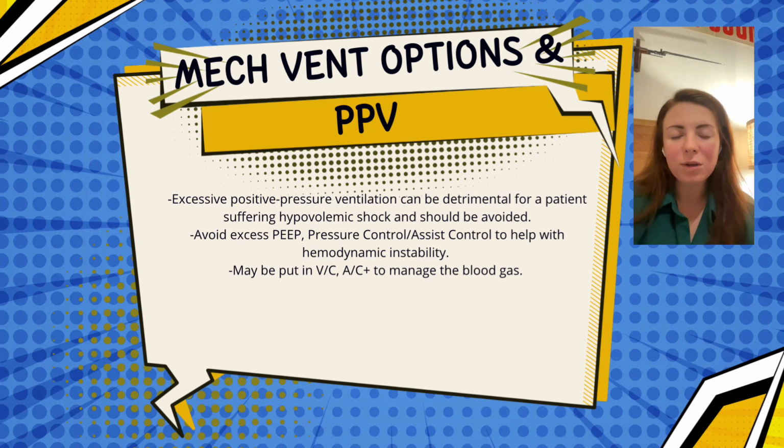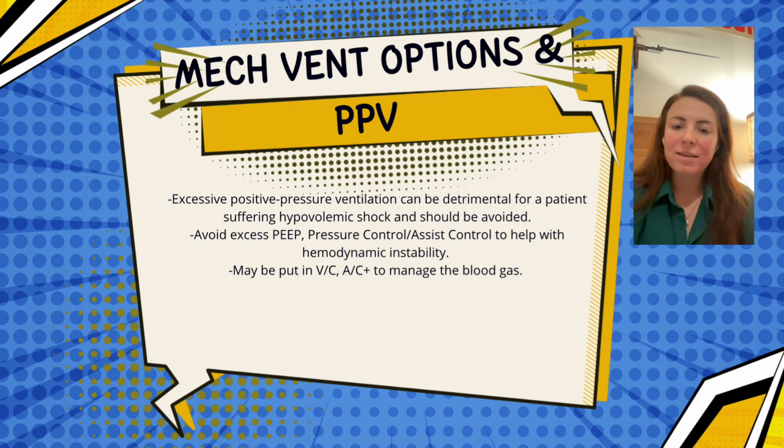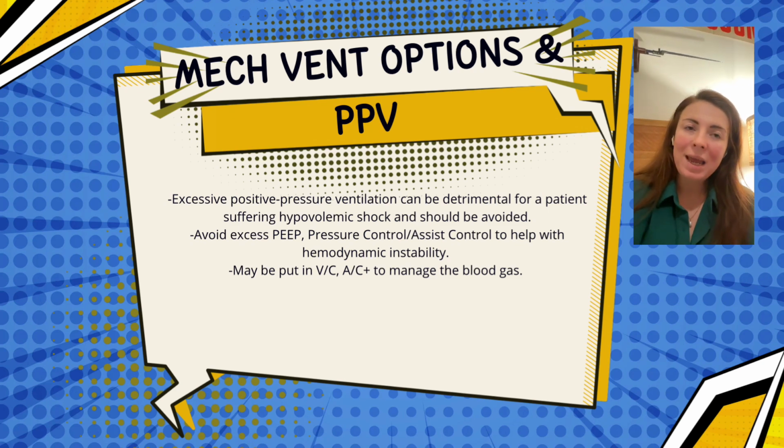When it comes to good parameters to put a patient on for mechanical ventilation, I couldn't find a whole lot on this. I just tried to go off of what I've seen logically or clinically. I know pressure control, or PCAC, can help the patient be more hemodynamically stable, so I figured that would be helpful.